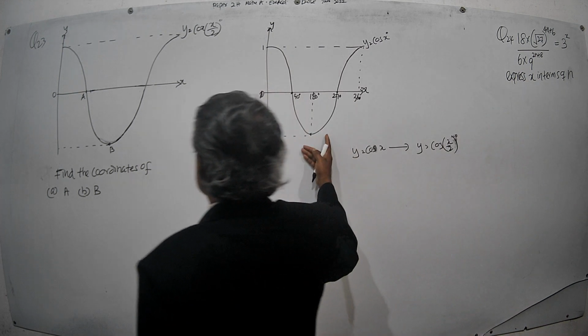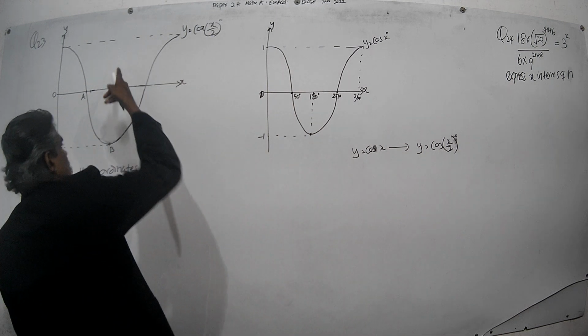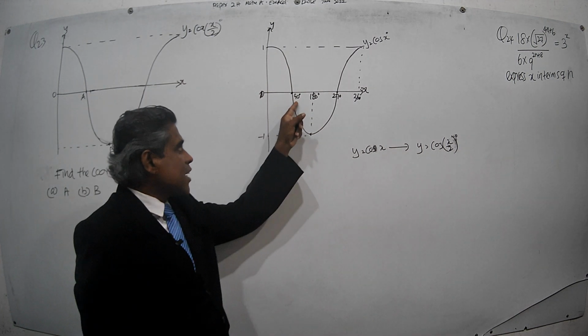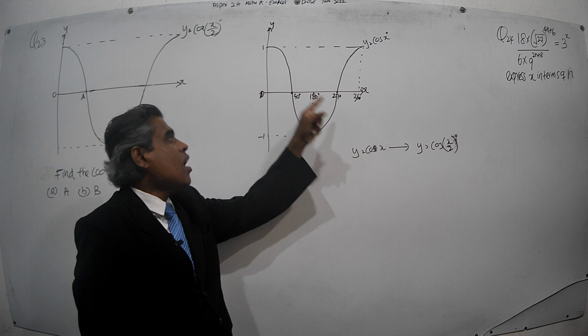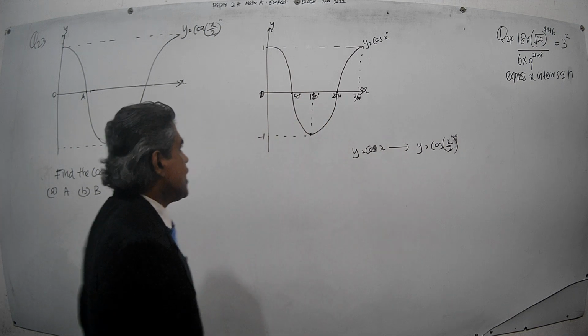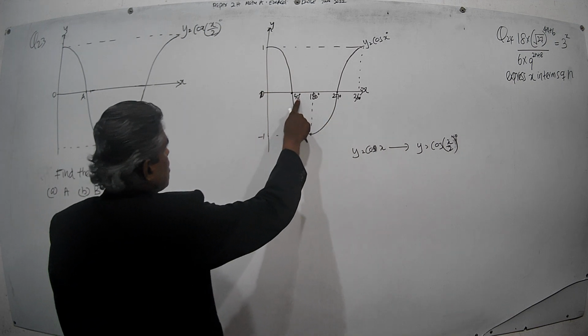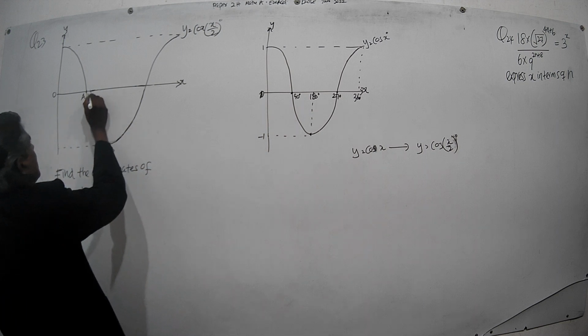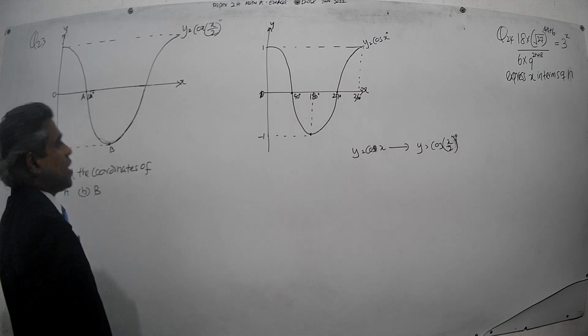This graph can be transformed into this one by multiplying every x coordinate by 2. The first point is 90, and 90 multiplied by 2 is 180.